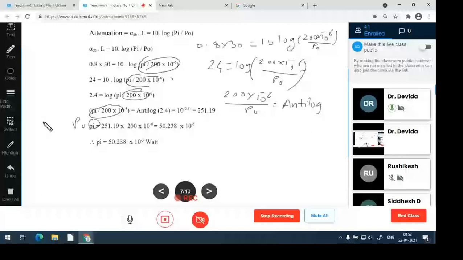If you have a calculator, you can directly calculate the antilog of 2.4, which is 10 raised to 2.4.